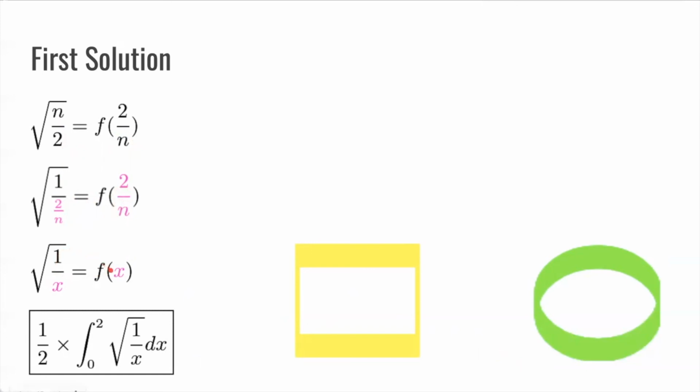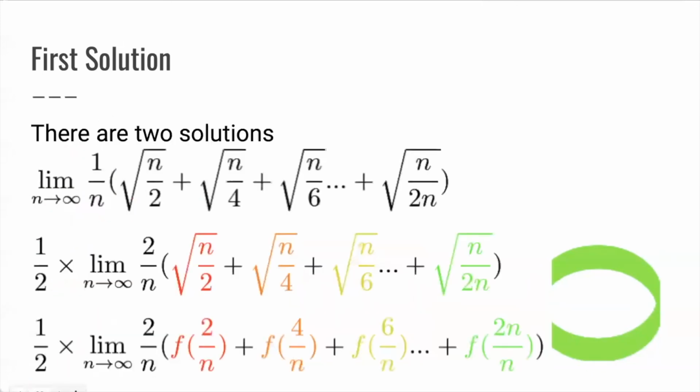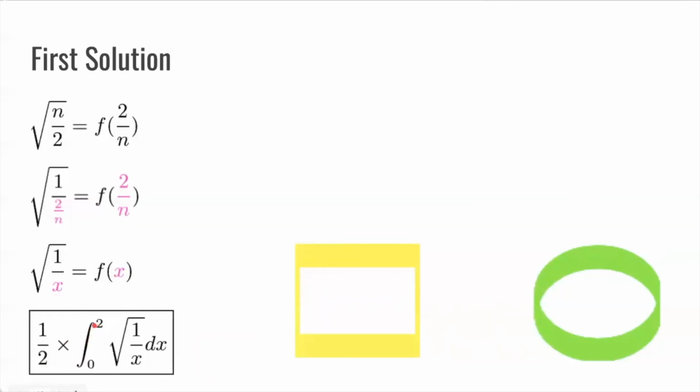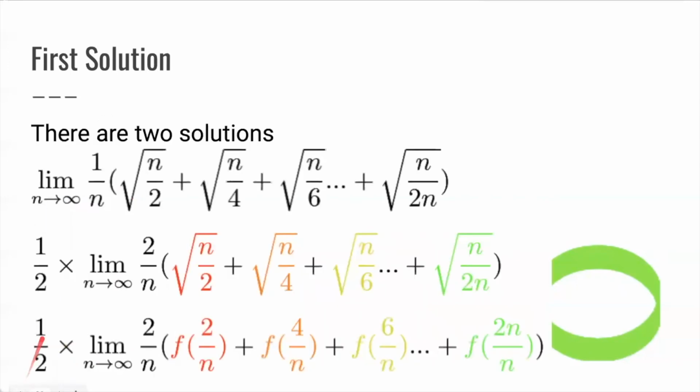All right, so f of x is equal to the square root of 1 over x. So this limit right over here is equal to the definite integral from 0 to 2 of the square root of 1 over x dx. And then remember, we also had a 1/2 in front. So this is the first solution for this series right over here.